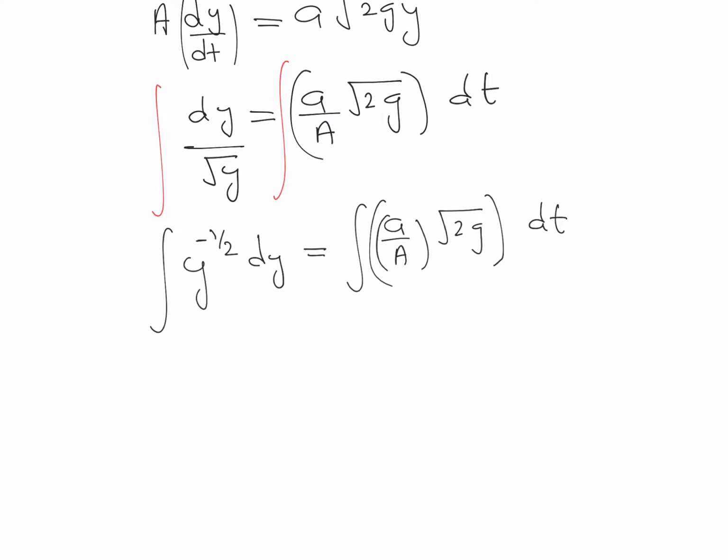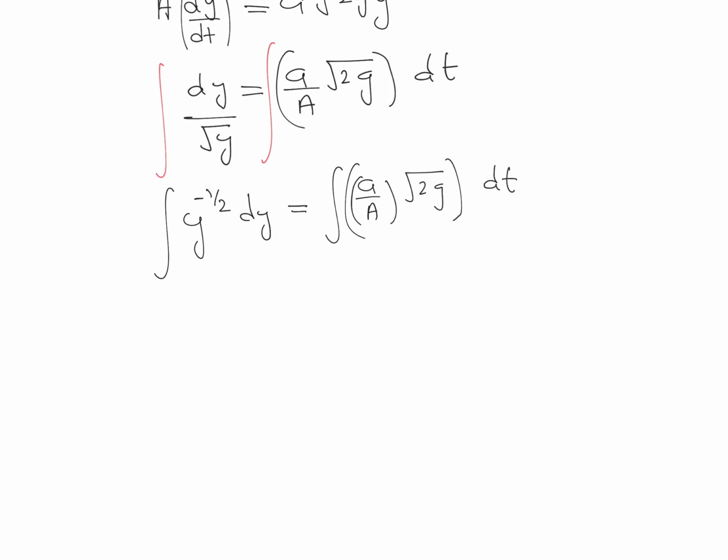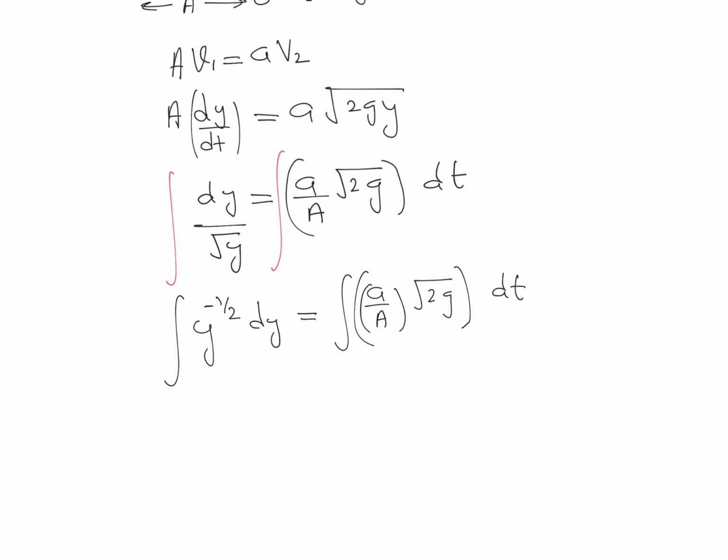Now consider that the height is changed from a value h. Initially the value of y is h. One more thing to remember is that the height is going to decrease with respect to time. It is not going to increase.